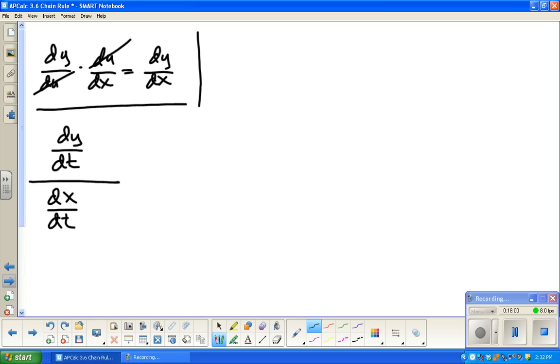Okay, so the idea here is that this is the same thing as dy dt times the reciprocal of dx dt, so dt dx, is dy dx.